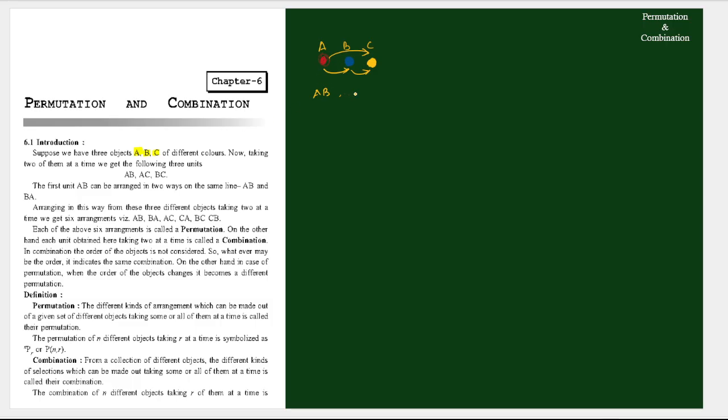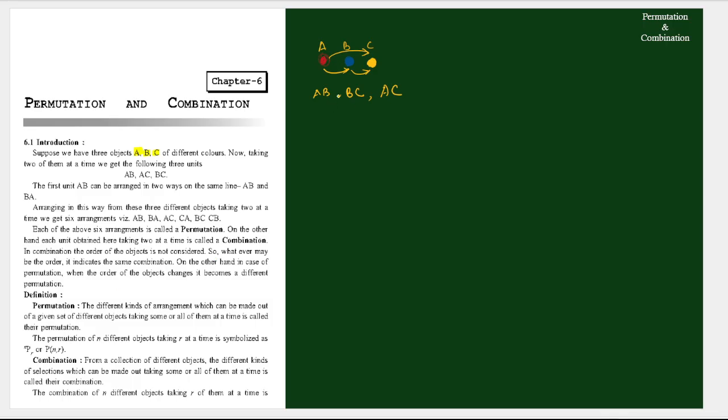So A and B, then we can have B and C, then AC. So these are the three arrangements we can get.